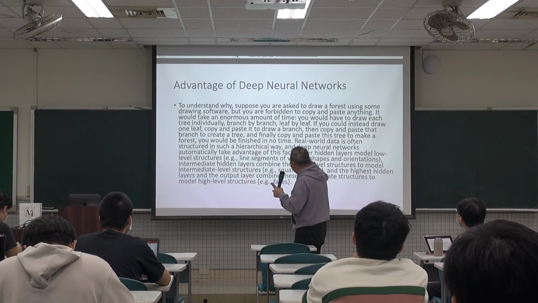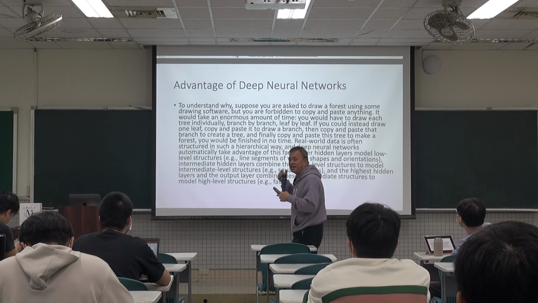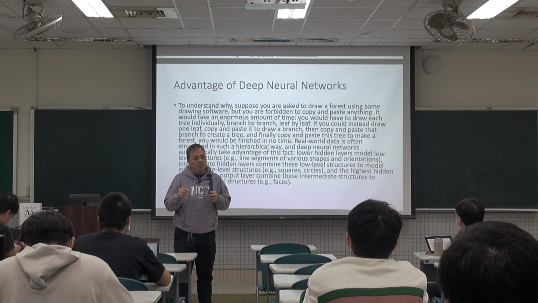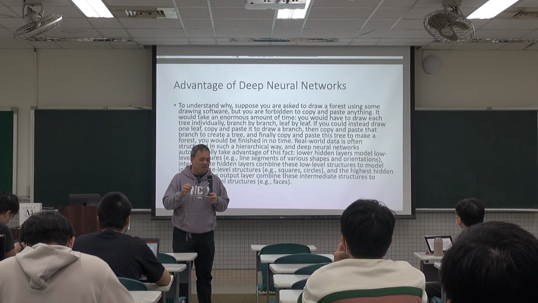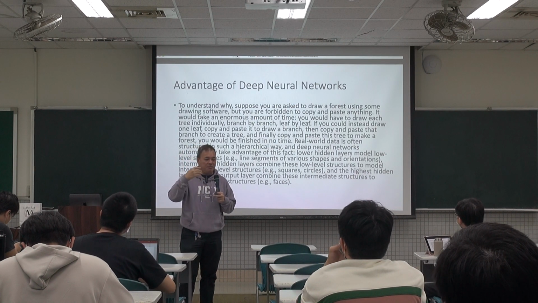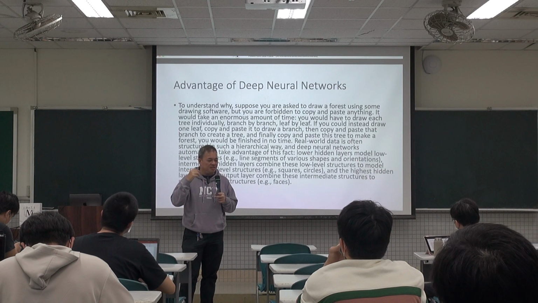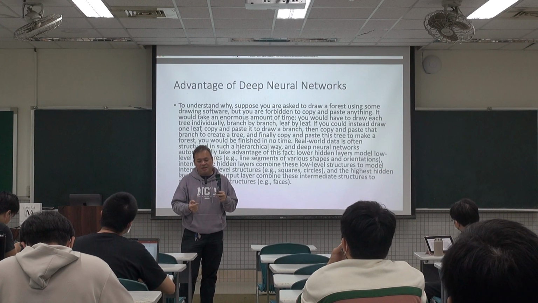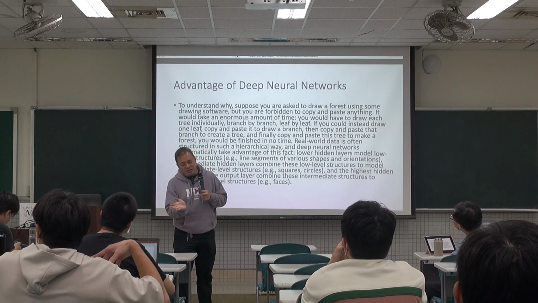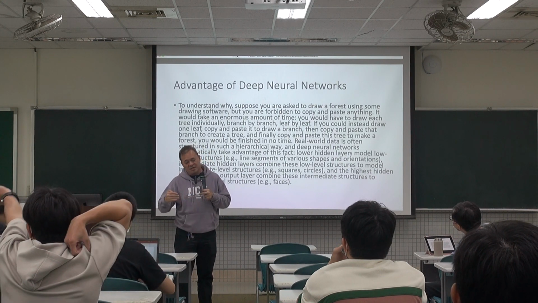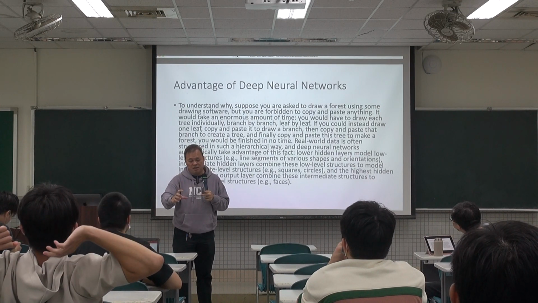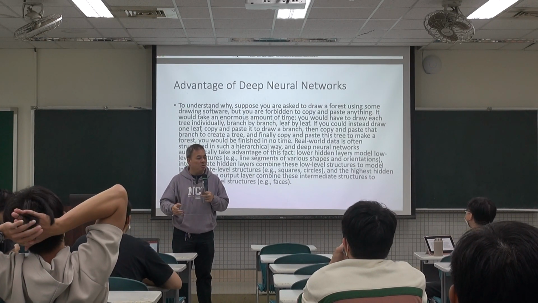Having more layers is something like that, because the lower layers take care of the more simple features, and the higher layers can focus on more complicated, more advanced features. For example, the lower layers can normally detect the orientation of a line, and a higher layer can detect the shape, maybe a rectangle, a circle, or an oval.